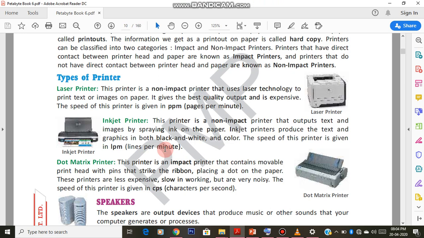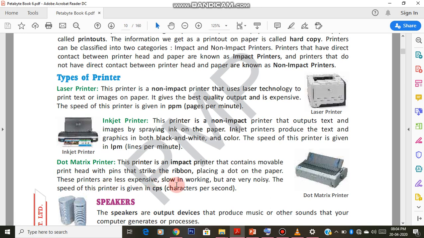The speed of this printer is counted in terms of characters per second. Characters are nothing but letters. How many? As it is slower than inkjet. Inkjet is slower than laser printer, but dot matrix is still slower.